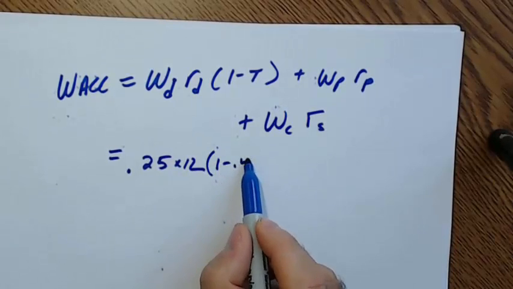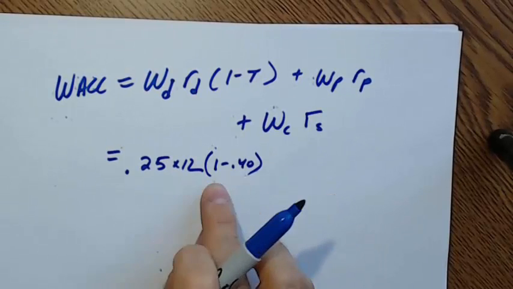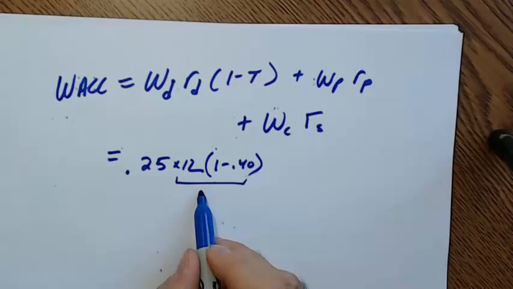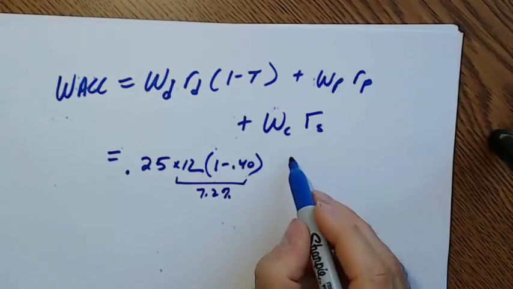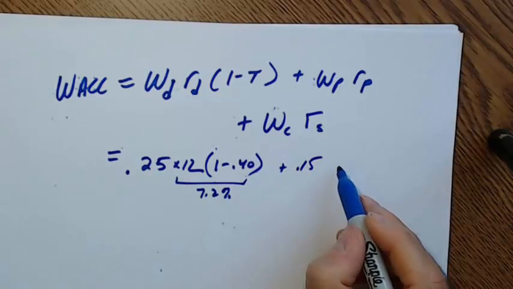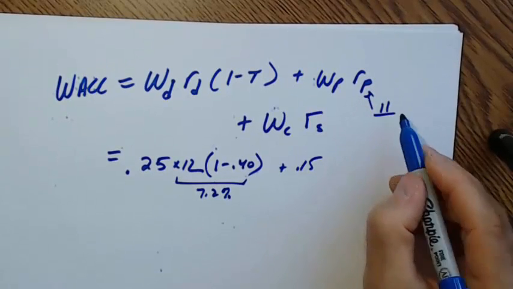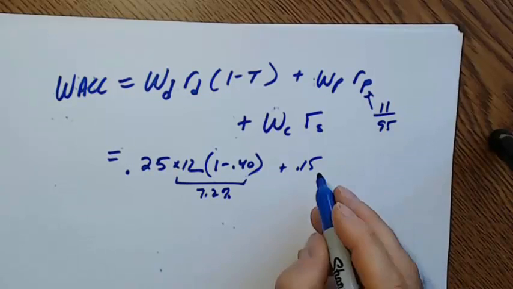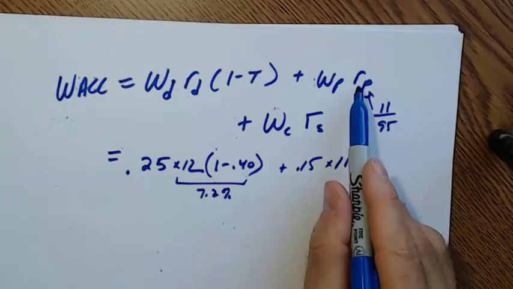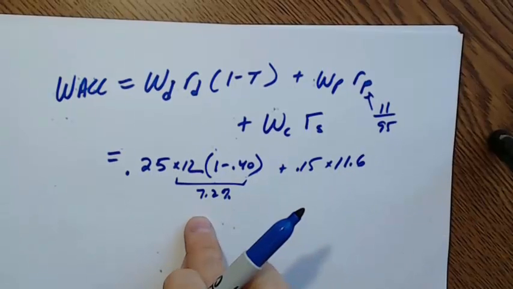The tax rate is 0.40, so the cost will really be 60% of the 12%. So debt costs us on an after-tax basis 7.2%. Now preferred stock has a weight of 15%, and RP is the $11 dividend over the price of $95. That happens to be 11.6%.